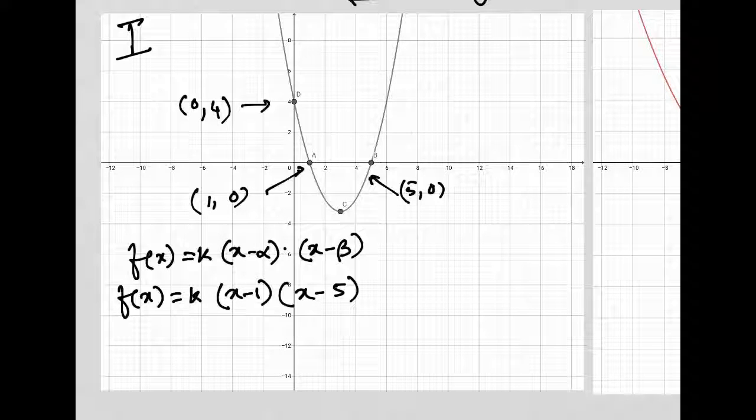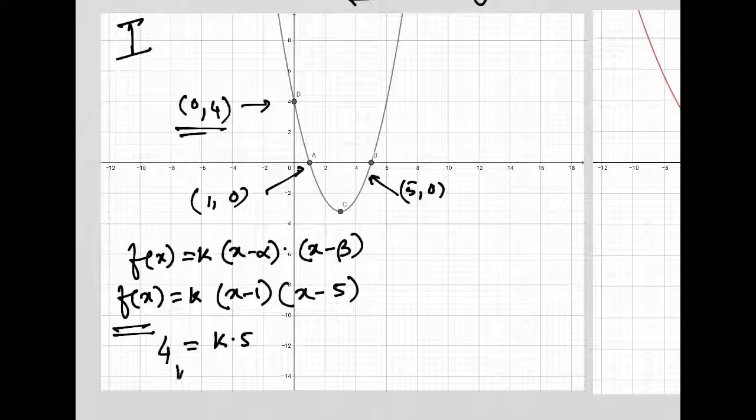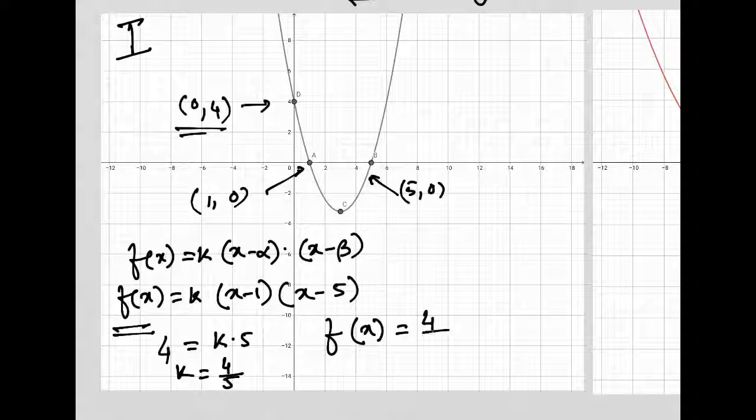Now in this expression I will put this y-intercept over here. So what I am having, 4 = k, for x as 0, so (-1) into (-5) is 5. So k = 4/5. So my quadratic expression would be f(x) = 4/5 (x - 1)(x - 5).